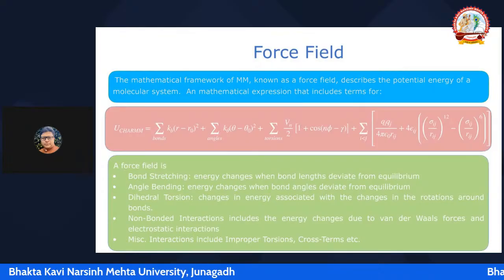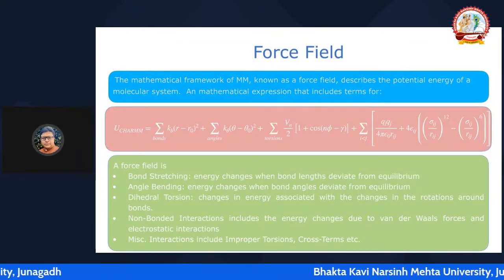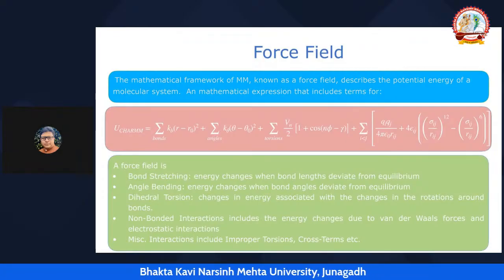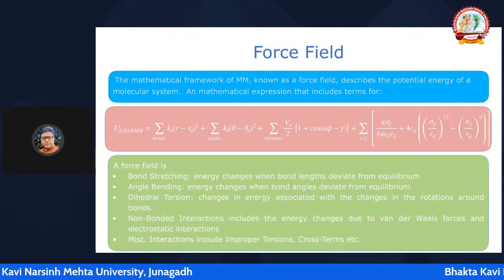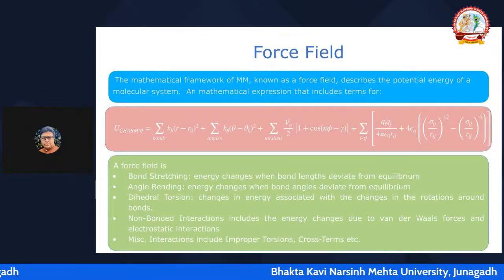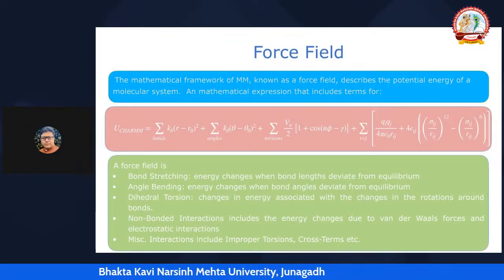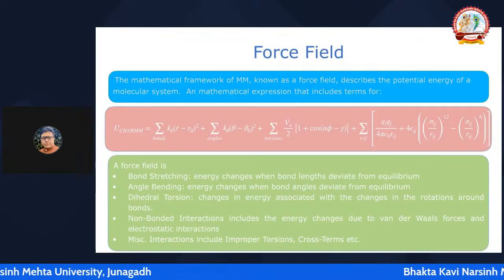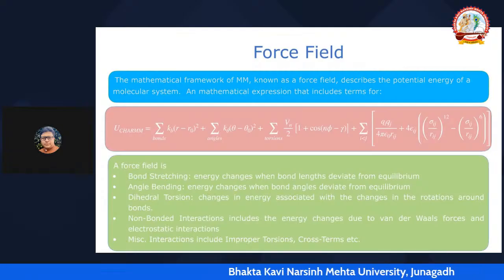Two atoms are connected by a bond, so that is the sequence. Then three atoms in the structure are connected by an angle, and four atoms are connected by a torsion.